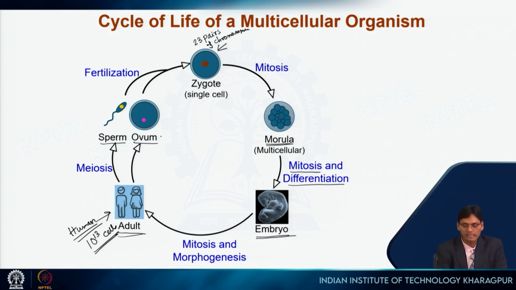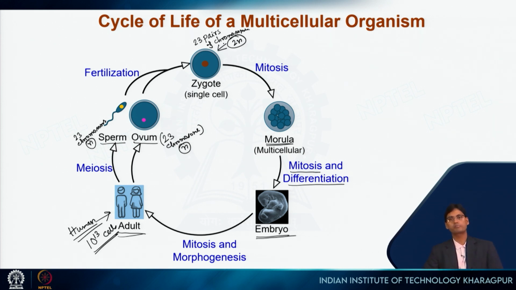In the ovum we have half of the chromosomes, that means just 23 chromosomes, not 23 pairs, just 23 chromosomes. Similarly, there are 23 chromosomes in the sperm. So we say this is n and this is n, and finally in the zygote we have 2n chromosomes.